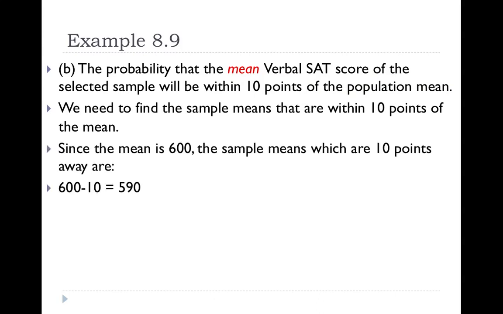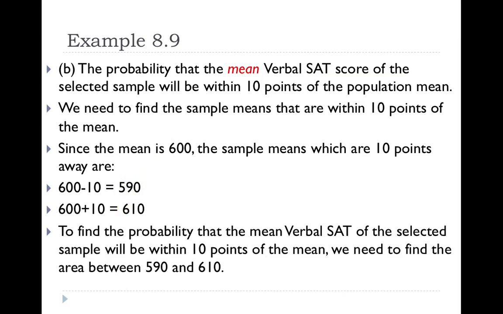Okay, so that means everything from 590 to 610. The sample means which are 10 points away are a sample mean x bar of 590 all the way to a sample mean x bar of 610.